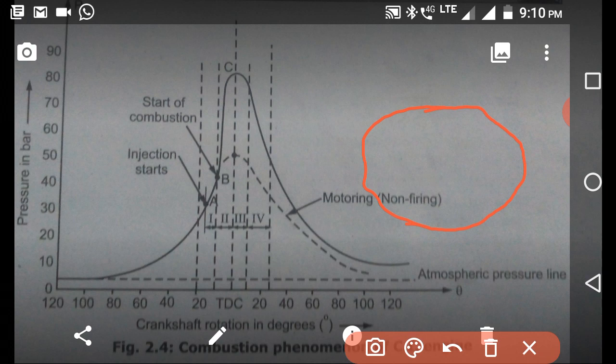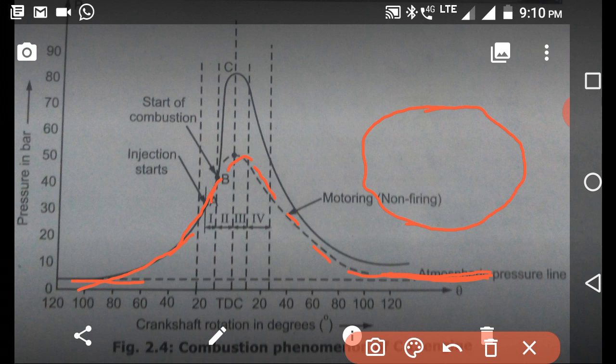So again, this is the atmospheric pressure, you can see that. Again the compression phenomenon will occur. This is the compression curve. If there is no combustion, it will achieve this motoring curve, and that we are calling non-firing.